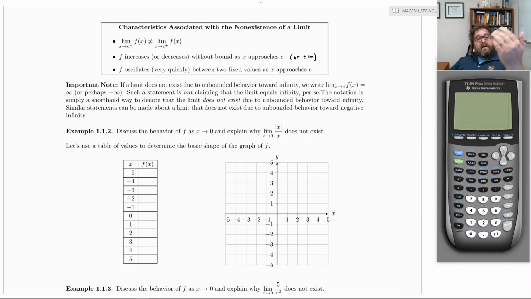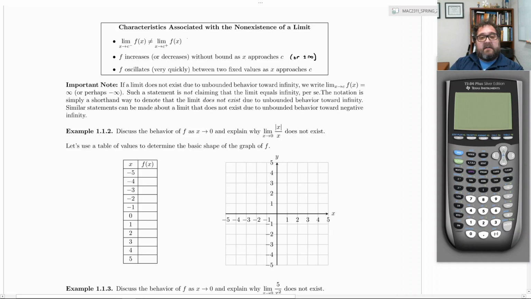So, what does that first one say? That first bullet point says the limit of f of x as x approaches c from the left is not equal to the limit of f of x as x approaches c from the right. So what is this telling us?